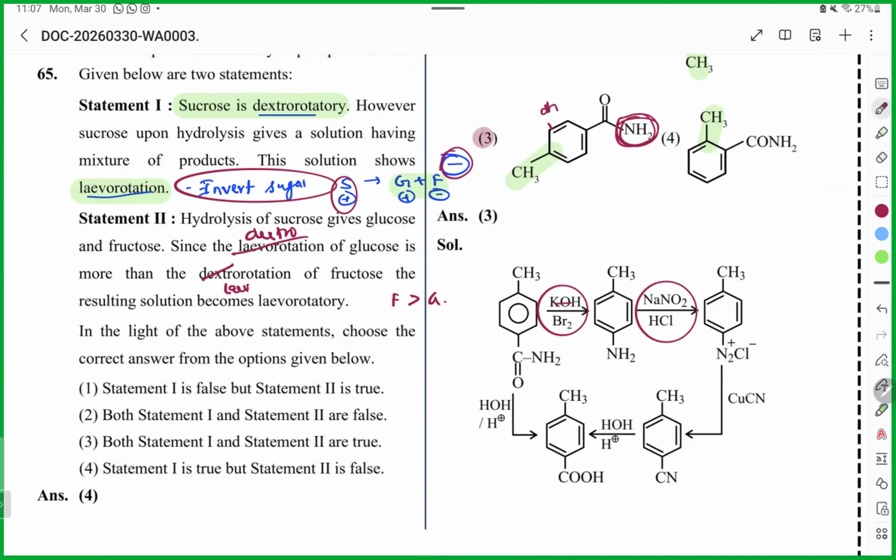Then diazonium salt, Sandmeyer reaction, with KMnO4 COOH. Correct? If you simply add water in this, you produce the same thing. But para is more stable. Hofmann bromamide degradation, diazotization, and this is Sandmeyer.